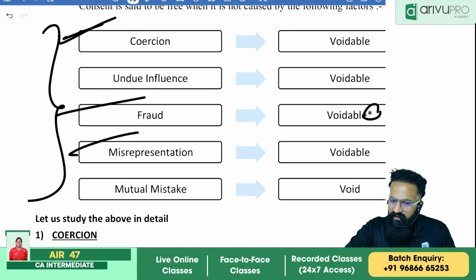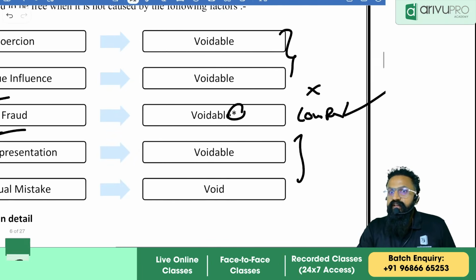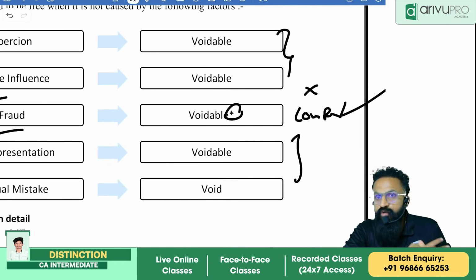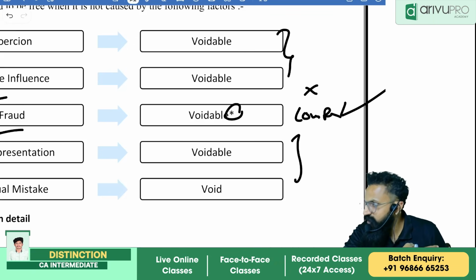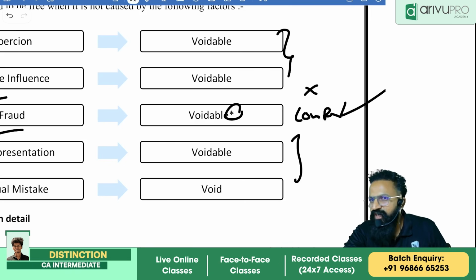Okay, misrepresentation. What is misrepresentation? It is a positive assertion of a fact, not knowing it to be true, believing it to be true but it is not true. That is called misrepresentation. Misrepresentation is also a voidable contract.